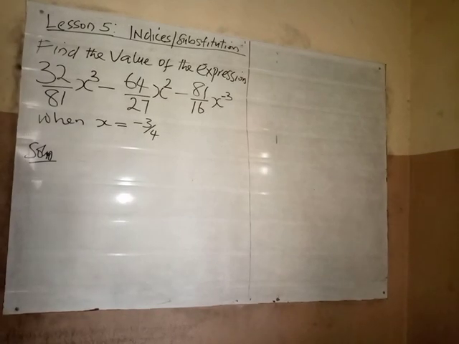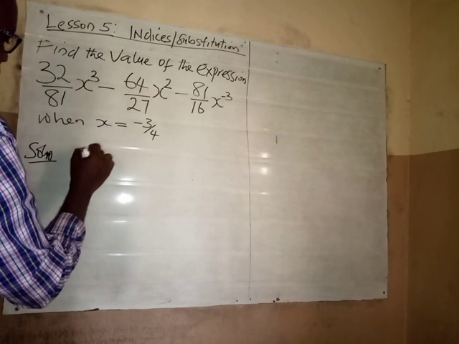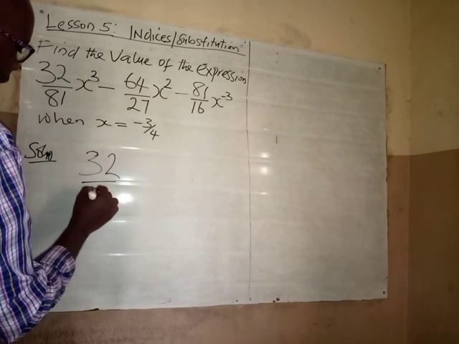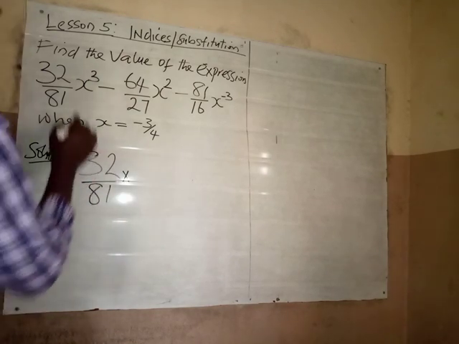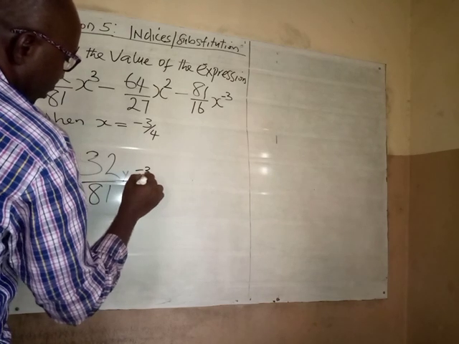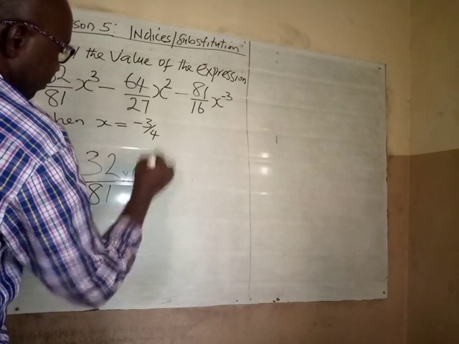So what we are going to do now is the solution. 32 over 81 times s raised to power 3. So we have known s to be minus 3 over 4 raised to power 3.